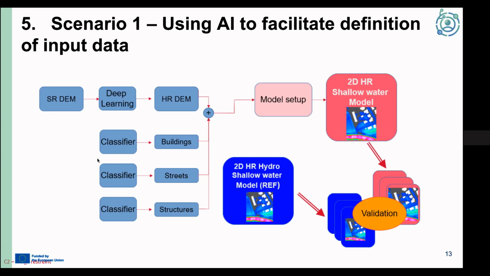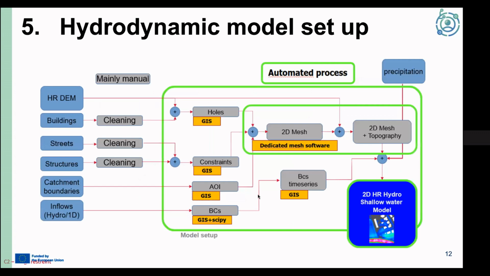For the building, we can have a classifier, and as well for the street and the structures. Then the model is set up. We are putting the grid in the physical model, and then the outputs are compared to our reference, the first setup, so only a physical one.